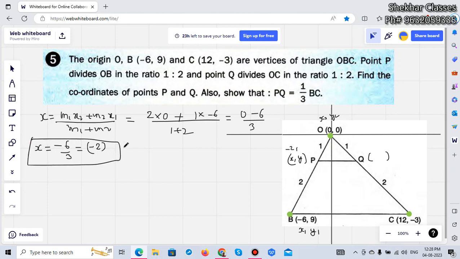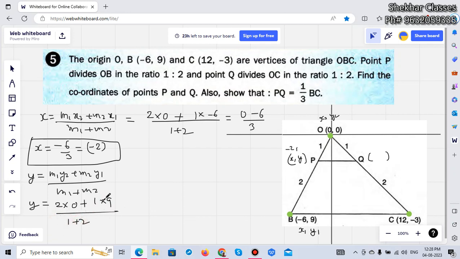Now Y is equal to M1 Y2 plus M2 Y1 upon M1 plus M2. So Y is equal to M1, which is 2, Y2 is 0, plus 1 into 9 upon 1 plus 2.